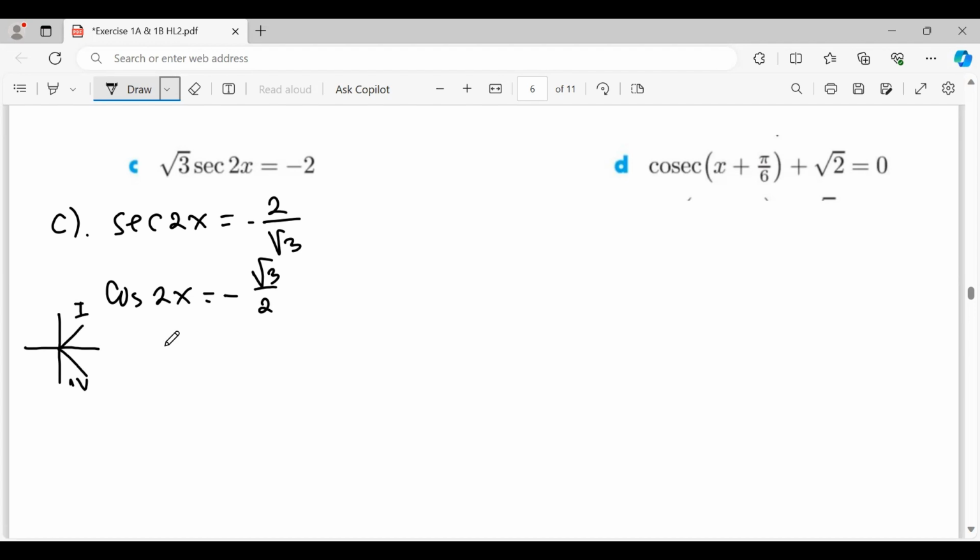So cosine 2x equals 5π/6, so it means x equals 5π/12. Okay, this is the first x.